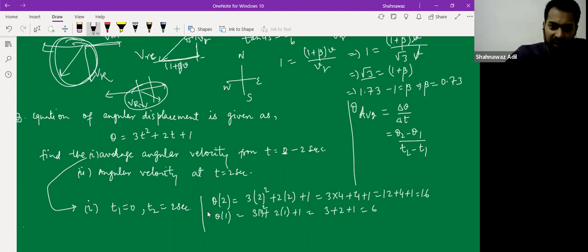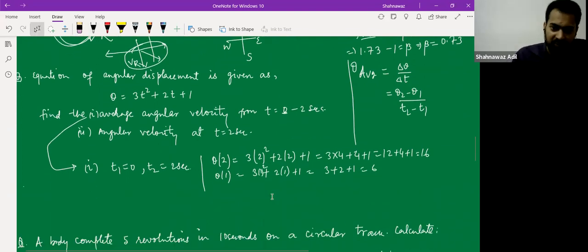So what will be delta theta? Aram, the average will be delta theta by delta t, so theta 2 minus theta 1 by t2 minus t1.